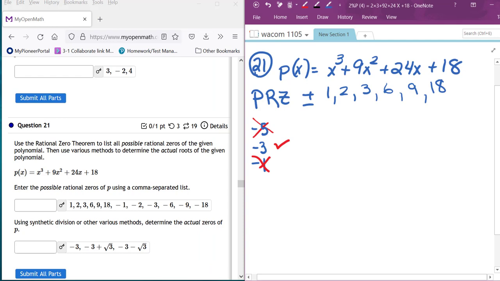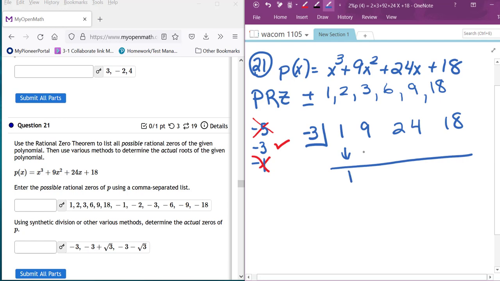So we'll go to synthetic division, and negative 3 is a 0, so we'll divide by negative 3. Pick off your coefficients, so 1, 9, 24, and 18. Skip a row, bring down.